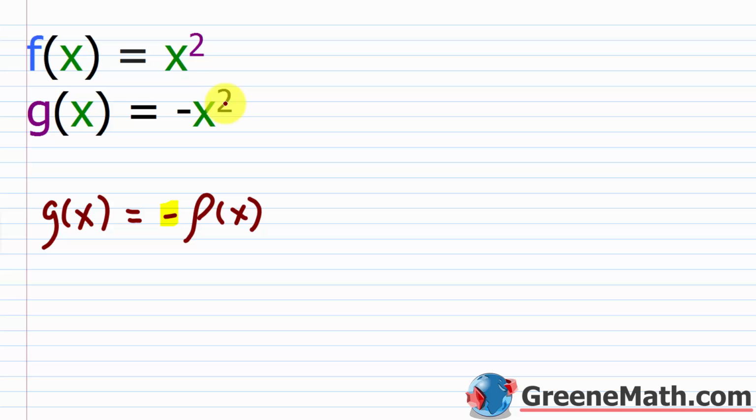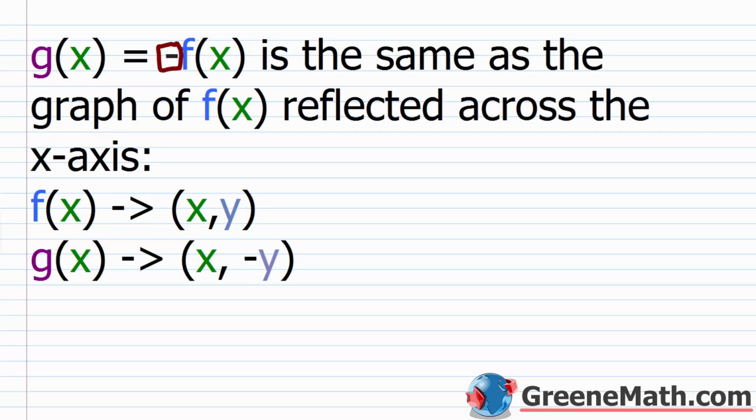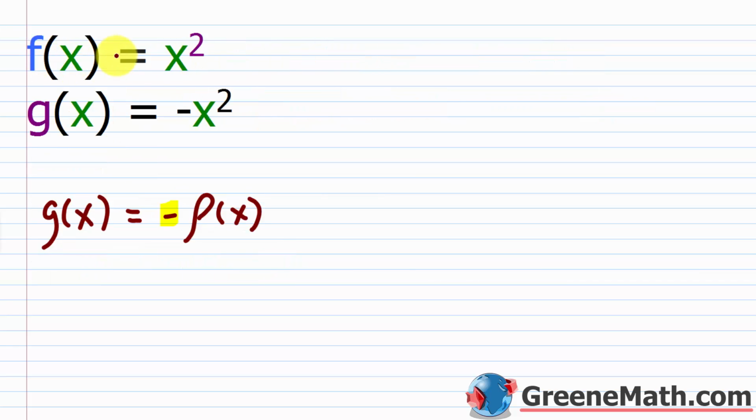So how can we graph this really quickly? Well, I know that by rule, if g of x is equal to the negative of f of x, it's the same as the graph of f of x reflected, or again, folded across the x-axis. So all I need to do is graph f of x equals x squared, and then just flip it over the x-axis.